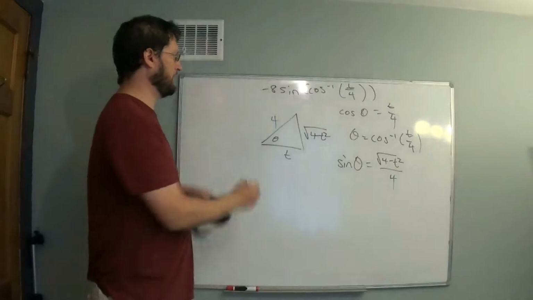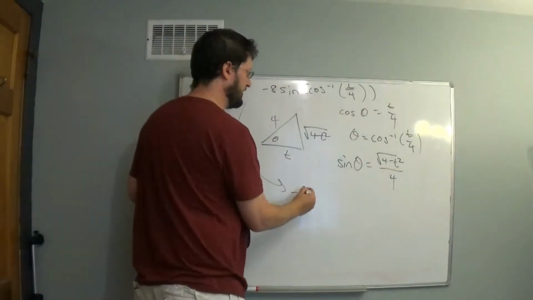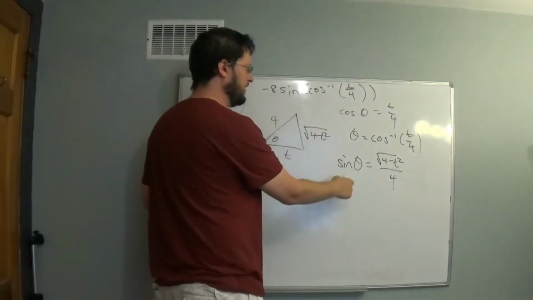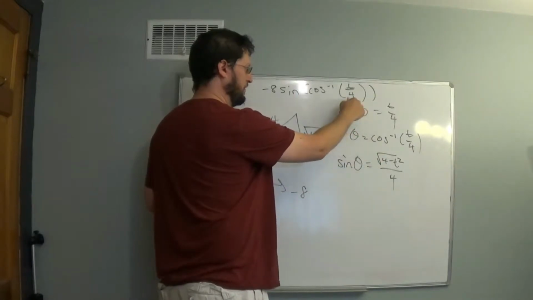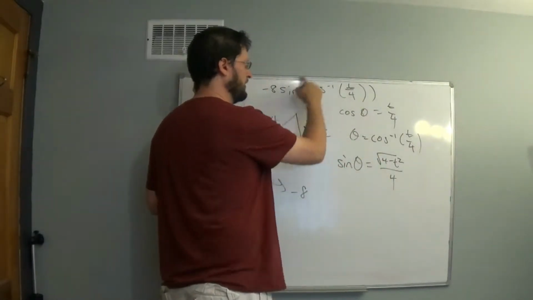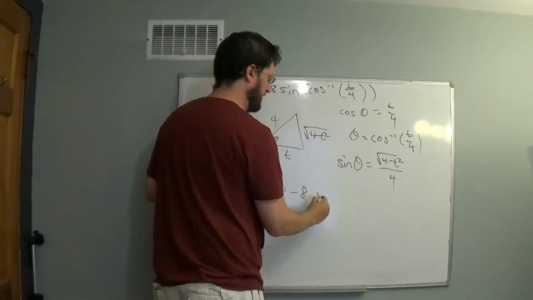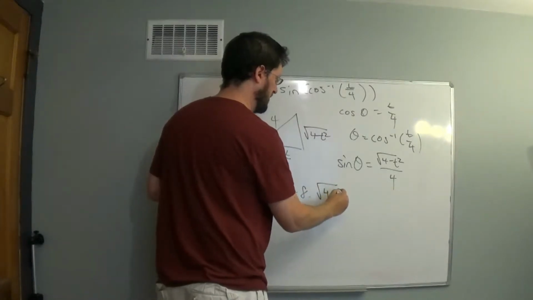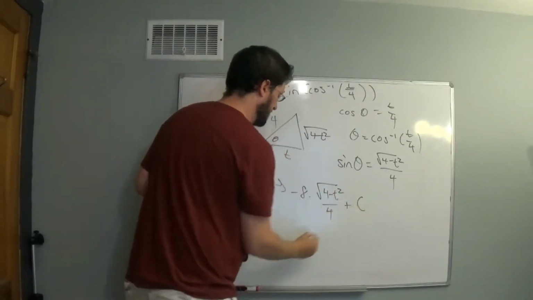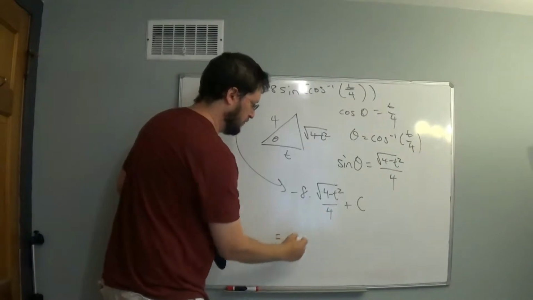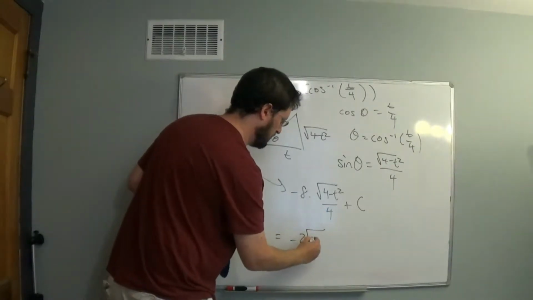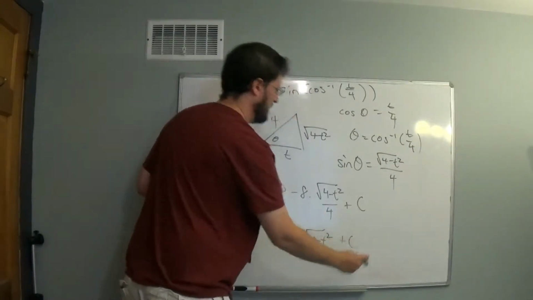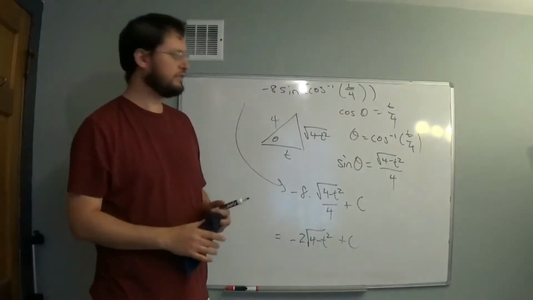And so this then simplifies to minus 8 sine of theta, but theta is cosine inverse of t over 4, so this whole deal is what we have. So minus 8 times root 4 minus t squared over 4 plus c, which is 8 and 4 make negative 2, root 4 minus t squared plus c. And that's the answer.